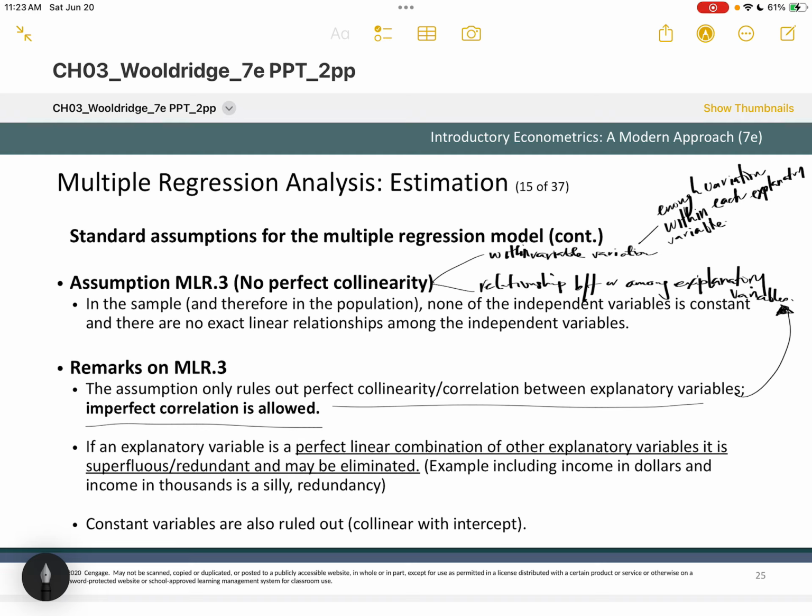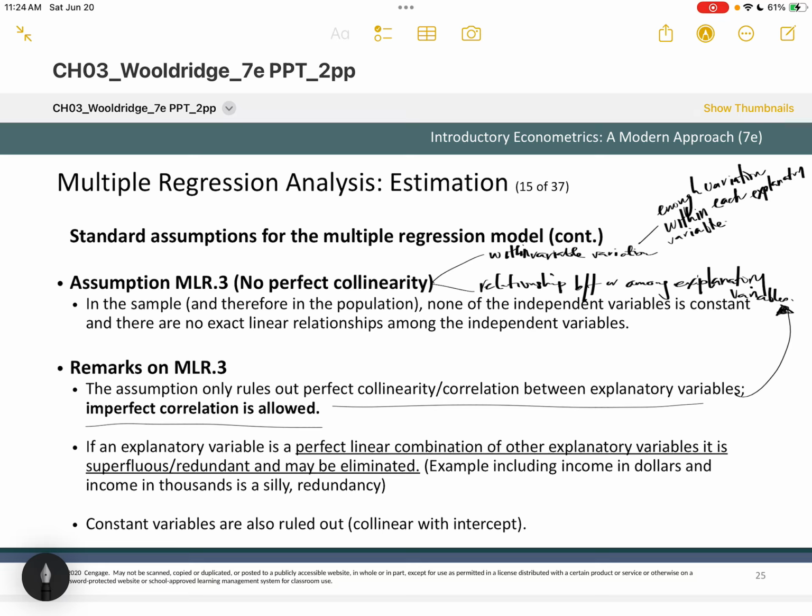The second fold is we do not want to see perfect collinearity between and among the explanatory variables. Imperfect correlation is fine. Some correlation among them is fine, just not perfect correlation. So perfect correlation will be 0.75 and above, or 0.7 and above.